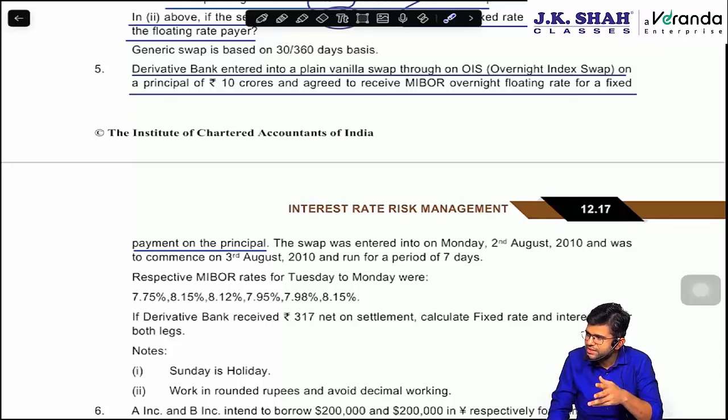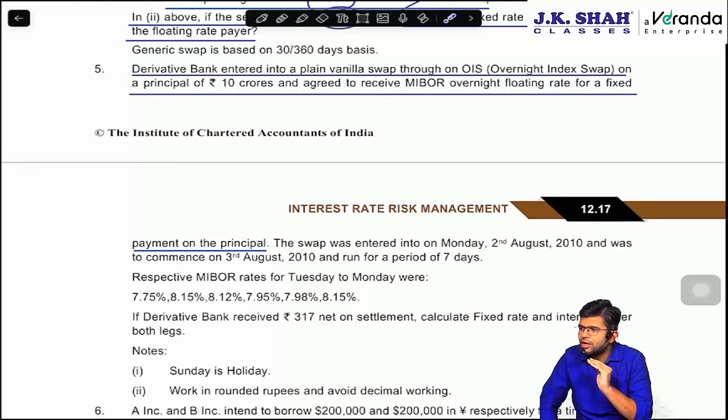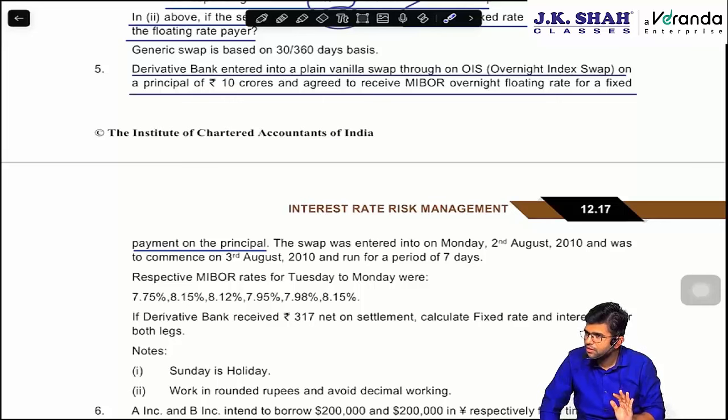But do you realize interest rates don't change once in 6 months. Interest rates can change every day. Which means, can I say floating rate loan? It all depends on what is your frequency of resetting. We saw in one question the frequency was quarterly. We saw in one question the frequency was semi-annually. We have seen in one question the frequency was annually. Here the frequency is daily, which is the meaning of overnight. I hope everybody is clear.